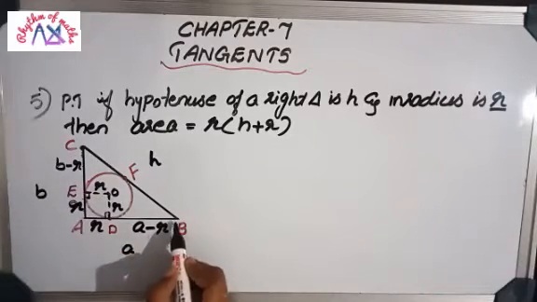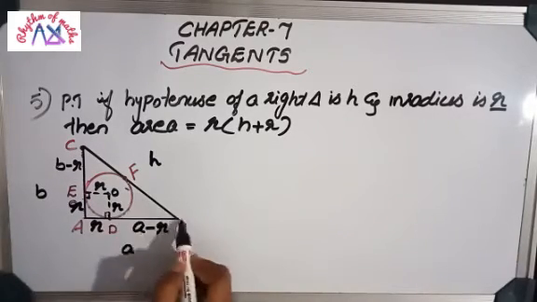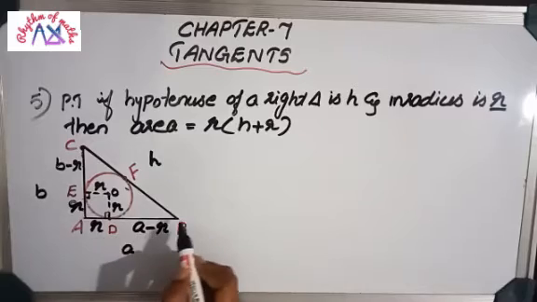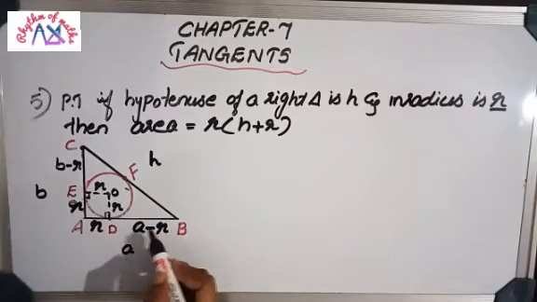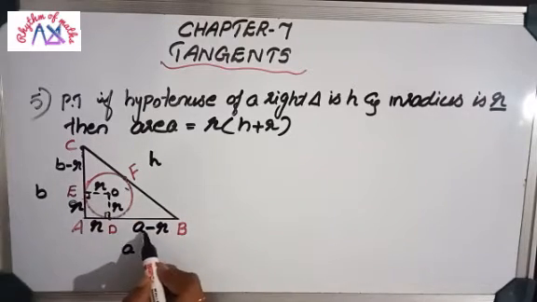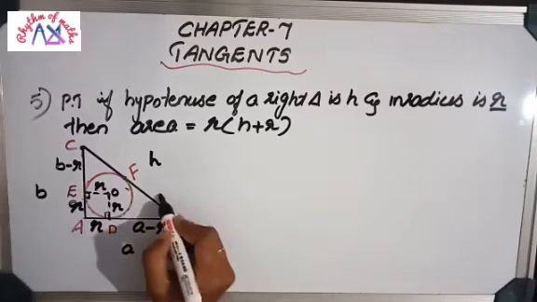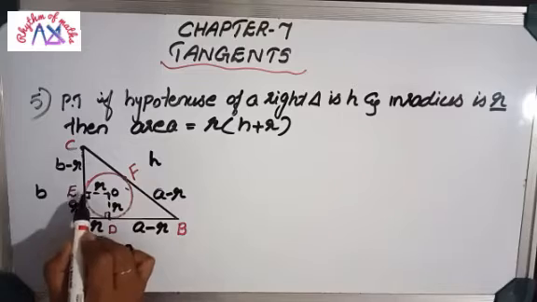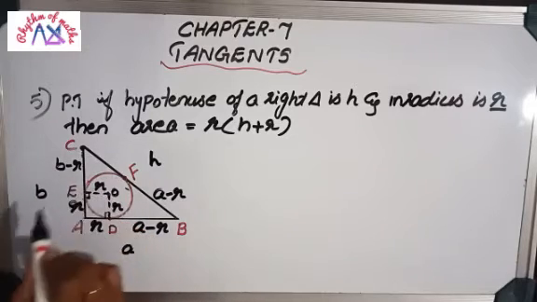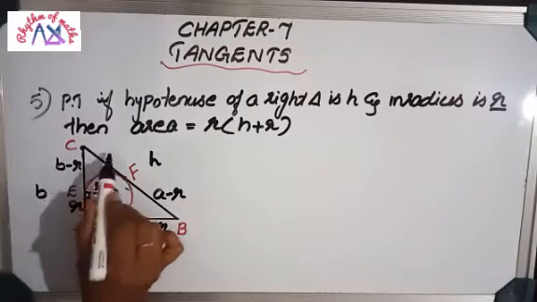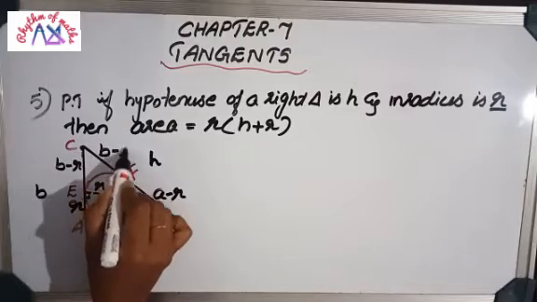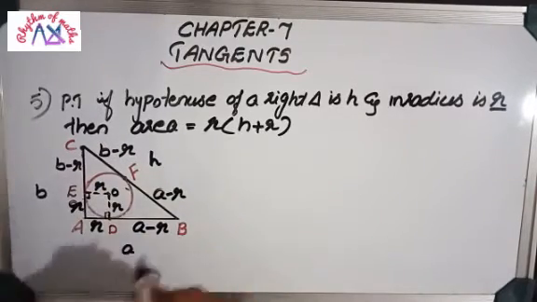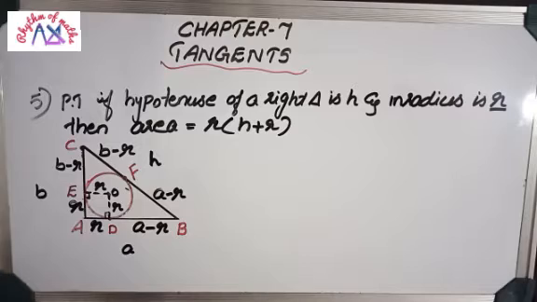Now B to D and B to F are tangents. We know tangents from an outside point to the circle are equal. So this is a minus r, which means this is also a minus r. Now C to E and C to F are also equal tangents. So b minus r here means here also b minus r. So these are the measurements we have to consider.